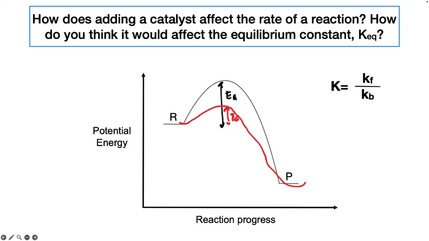Cool. How does it affect the equilibrium constant? The reactant to product rate goes up, right? Because we have a smaller activation barrier. And if that rate goes up, what does that mean happens to Kf, our forward rate constant? It gets bigger, which means what should happen to K? It gets bigger. Did you talk about Kb yet? What happens to Kb?